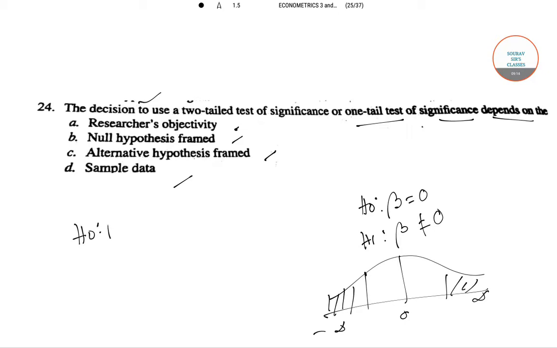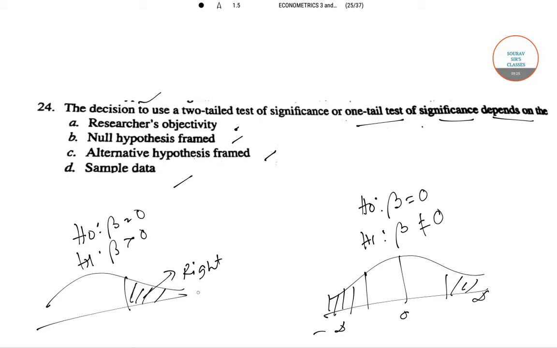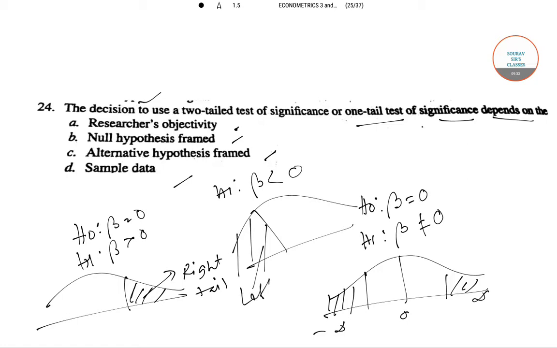But if the alternative hypothesis is such that beta can take only positive values, then it is sufficient to check only the right tail. Again, if the alternative is such that beta takes only negative values, then it is sufficient to take the left tail. Therefore, it specifically depends on how the alternative hypothesis is framed. So, option C is the correct answer.